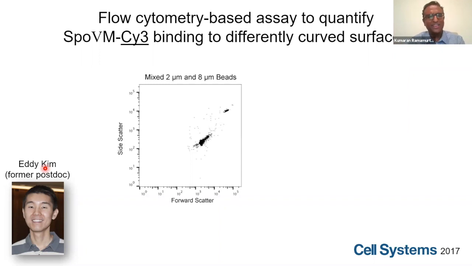Okay, so what Eddie did was to use this method called flow cytometry. So basically what you're doing here is you take that mix of proteins absorbed onto these differently sized beads, and then you run it dripwise through a fancy machine called a flow cytometer. And what this machine can do is separate out big beads shown here from small beads by using a technique called forward and side scatter.